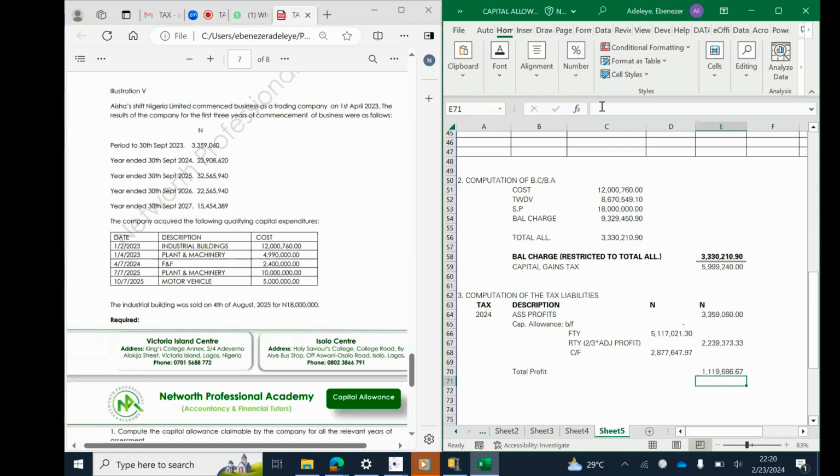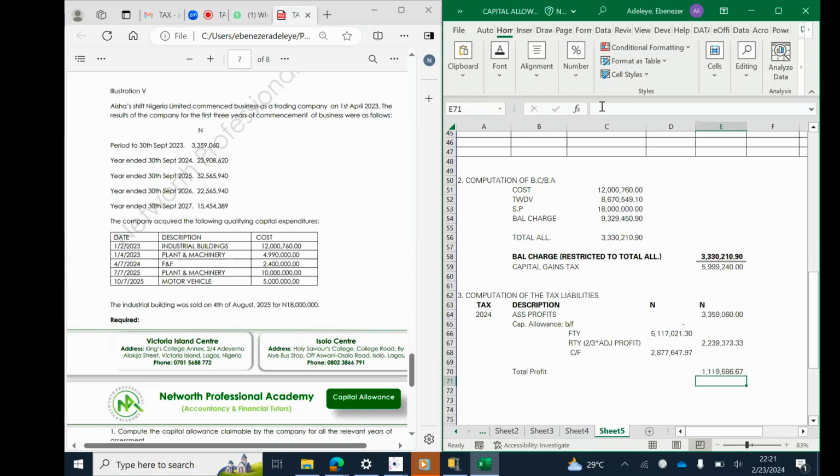From Finance Act 2019, the Finance Act broke down the rates into three based on the amount of revenue the company makes for each of the years. If the company makes from 0 million to 25 million, the tax rate will be 0%. If it makes from 25 million to 100 million, the tax rate will be 20%. If it makes 100 million and above, the tax rate will be 30%.